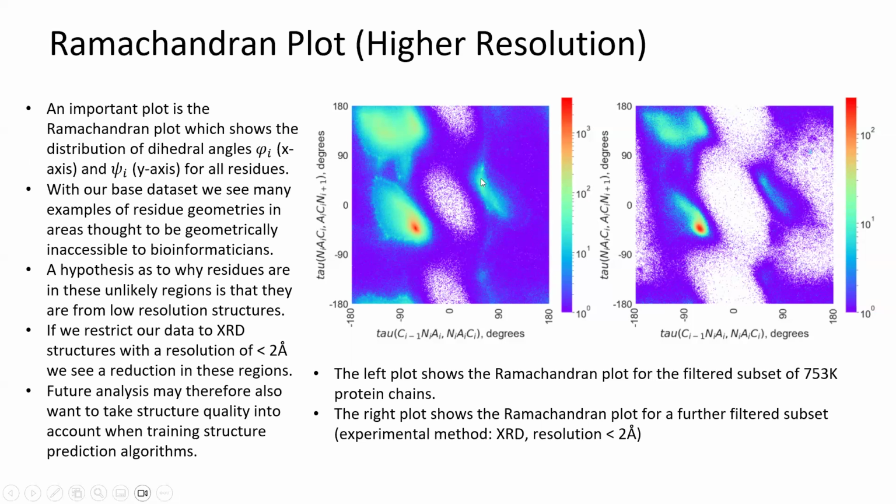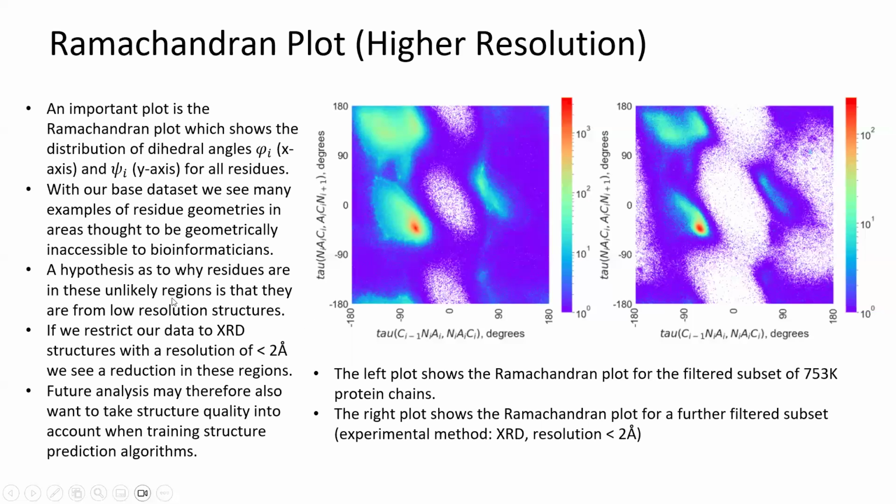The key thing that has been pointed out when we've shown this to bioinformaticians in the past is that there seem to be quite a lot of residues in this middle bit that are generally thought to be inaccessible for stereochemistry reasons, like certain atoms being too close together and things like that. So we see quite a lot of concentration in this area when we generally expect it to look more like the plot on the right.